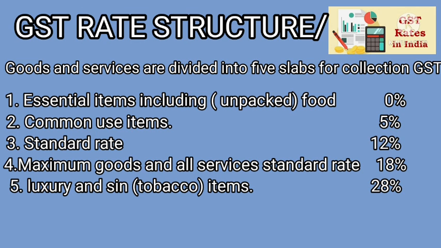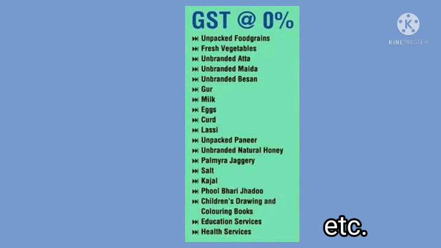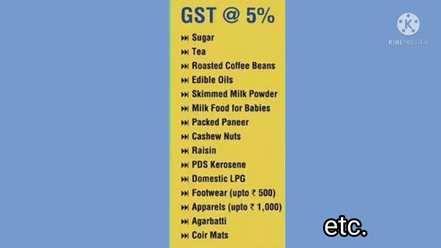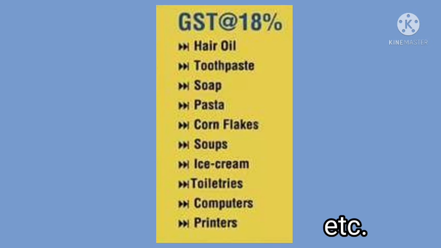Okay. In the next slide, I will provide a list of products with particular GST rates. First one is at the rate of 0%. The products are fresh vegetables, fruits, milk, eggs, curd, lassi and etc. In 5% GST rate, the products are sugar, tea, edible oil, domestic LPG, etc. And in 18% GST rate, the products are hair oil, toothpaste, soap, pasta, computers, printers, soup and so on.